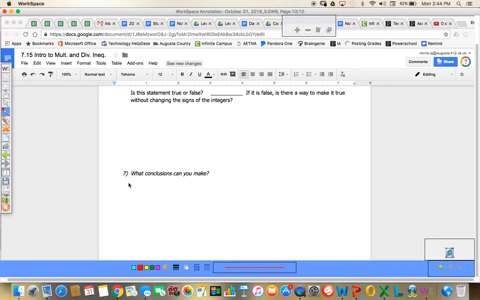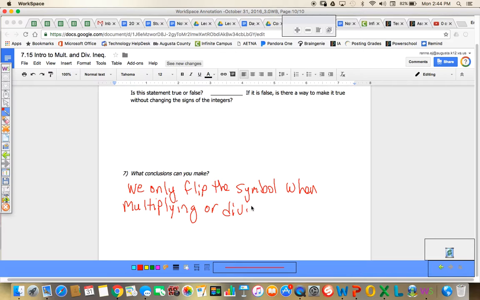So, our conclusion is we only flip this symbol when multiplying or dividing both sides by a negative.